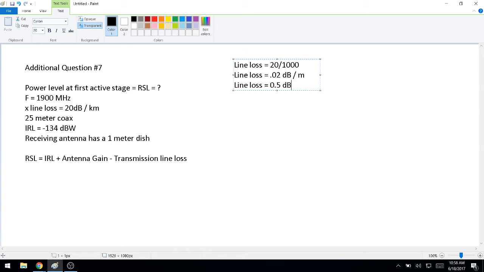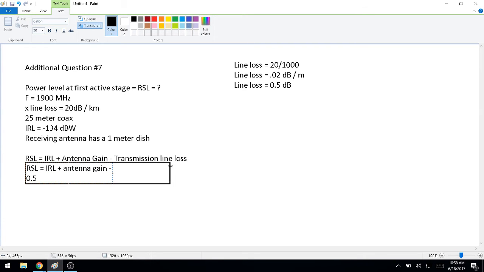And that's like the practice midterm problem. And so we can plug that number in over here, minus 0.5. And then we also happen to know the IRL because it was given to us. So RSL equals -134 plus antenna gain minus 0.5.